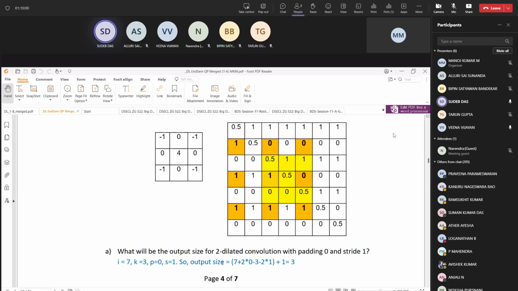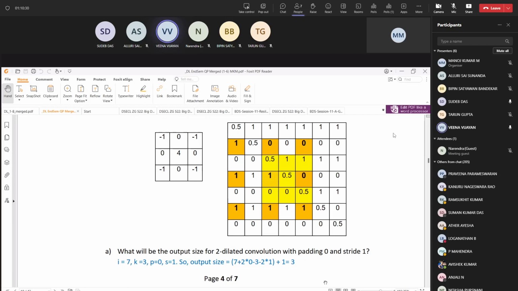That's the thing. The formula will be the same. Forget about the value for now. Formula-wise, the output size is 3 by 3, but how is it 3 by 3? I understood this formula: they are telling that 3 by 3 has become 5 by 5, and they are applying the formula. But how it became 5 by 5, I am not getting.